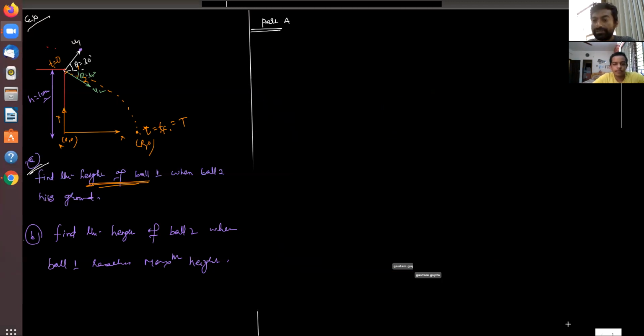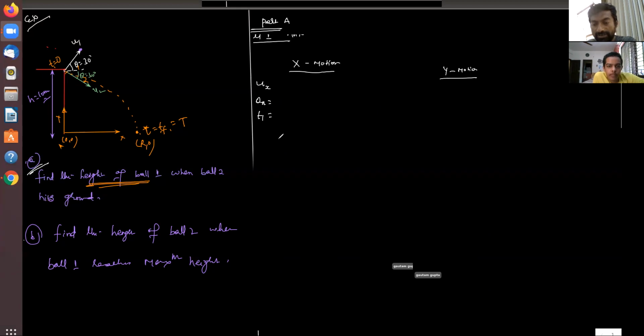Okay, so let us now again write ball 1 motion. So you have to always proceed by this method. Any projectile question you can do. So ball 1 motion. This is your x motion again, and this is your y motion. For ball 1, what will you write? Tell me what will be ux. Ax is anyway 0.